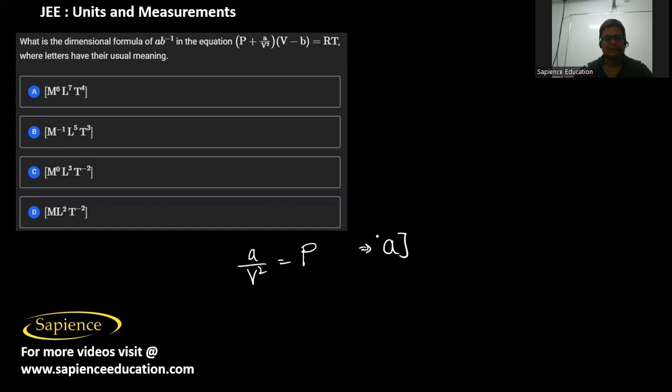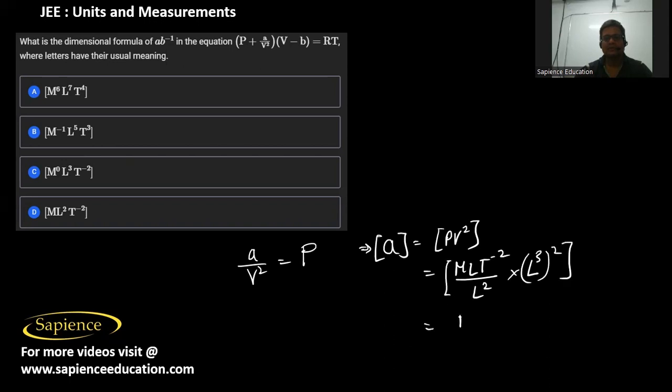So the dimensional formula for A will be pressure into volume square. Pressure is force by area. So MLT power minus 2 by L square into V square. Volume is length cube, so length cube whole square. So that will be M L power minus 1 T power minus 2 into L power 6. So that is M L power 5 T power minus 2.